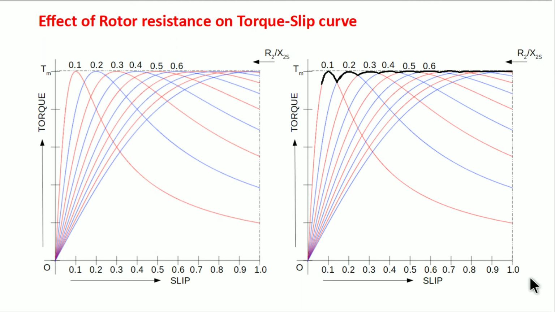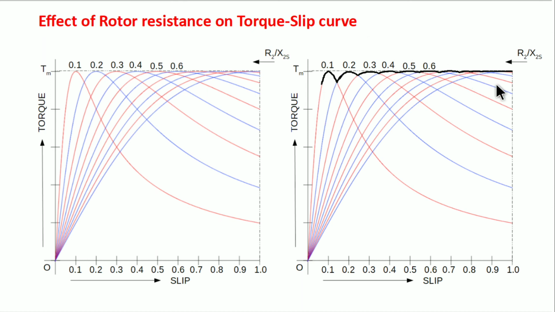As the motor picks up speed, the slip decreases like this, and we go on decreasing the resistance added in the rotor circuit, and finally we follow this curve, which is the operating region. So torque from starting to running we can have according to our requirement.